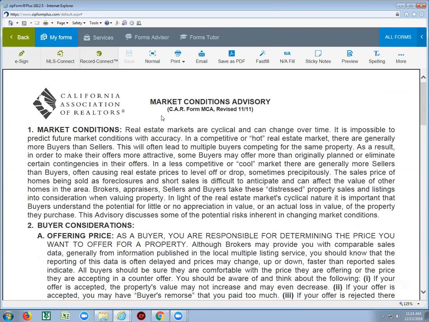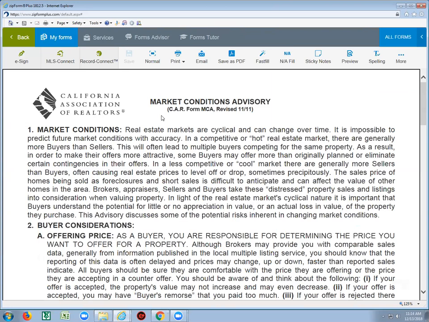And in a less competitive or cool market, there are generally more sellers than buyers, often causing real estate prices to level off or drop, sometimes precipitously. Sales of foreclosures and short sales are difficult to anticipate and can affect the value of other homes in the area.